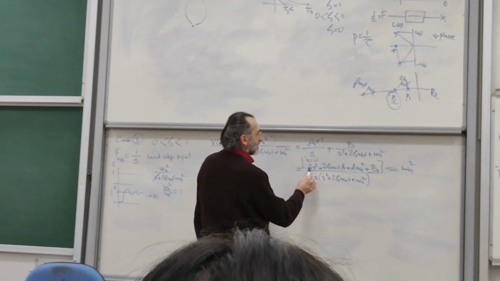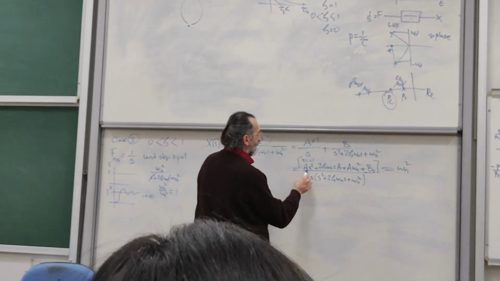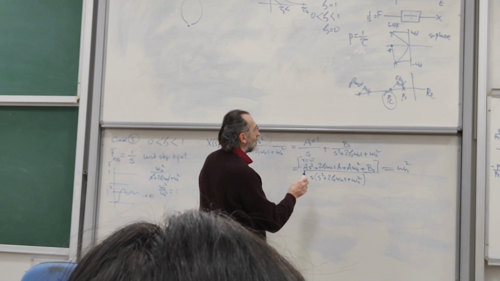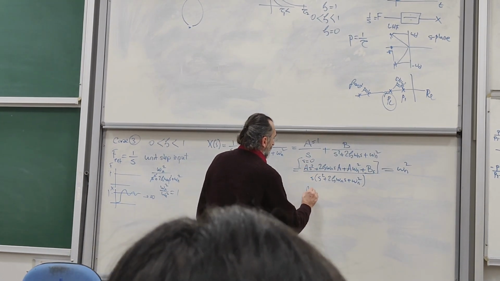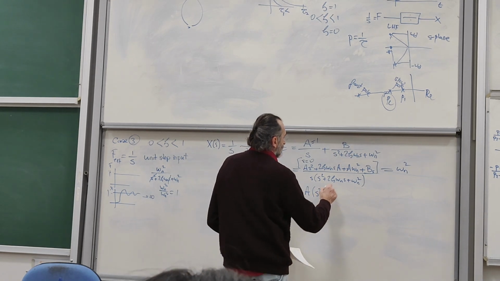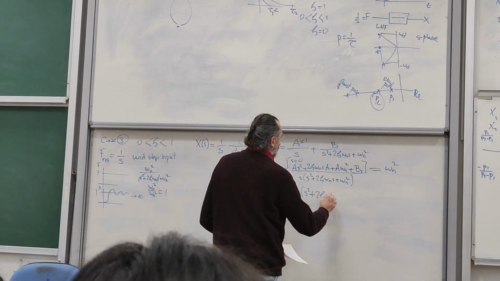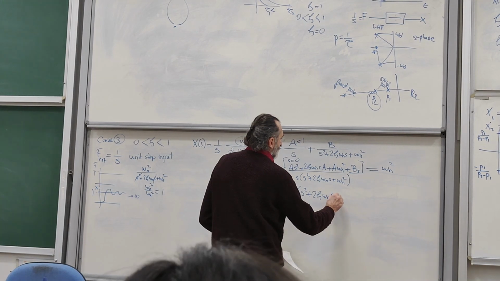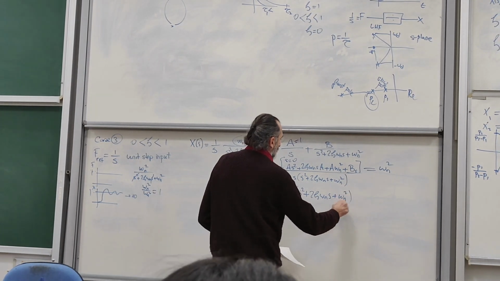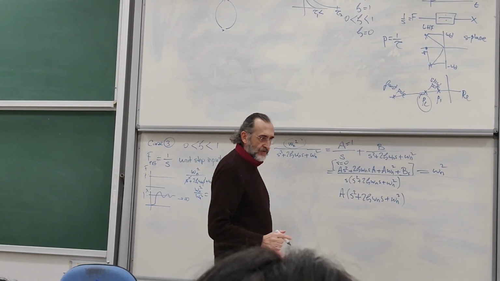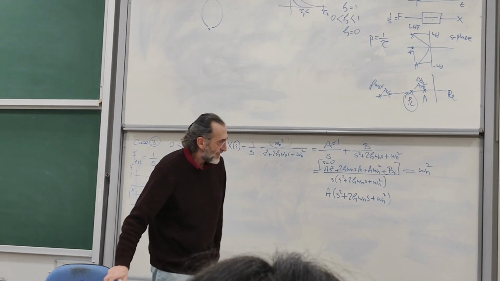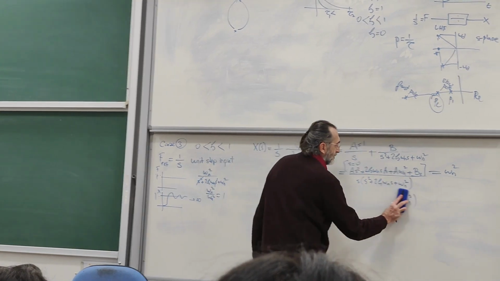So I collect the A's. A S squared plus 2 zeta omega n S plus omega n squared. No, I don't do it. Sorry. That would be going back to the same thing.